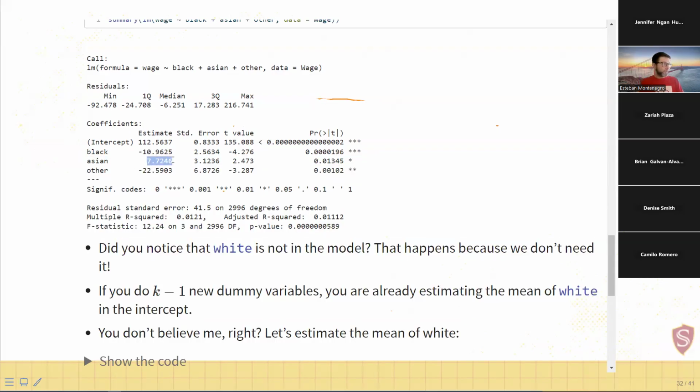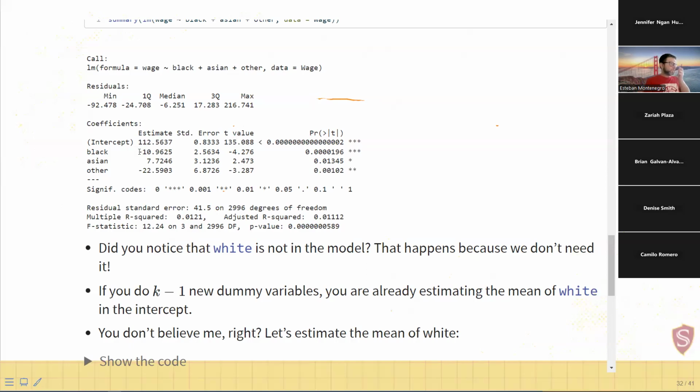This is the mean difference when you compare Asian versus white. And this is the mean difference when you compare others versus white. And this is the average wage of white people, the intercept, because that's my reference group.